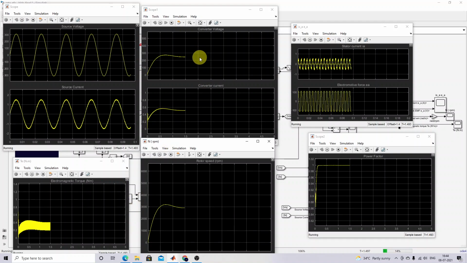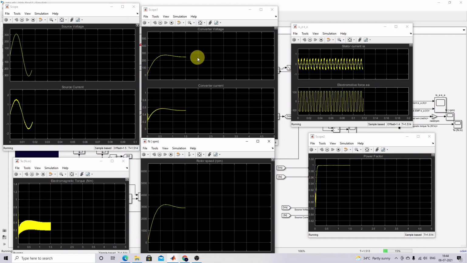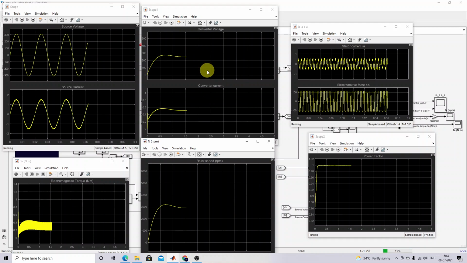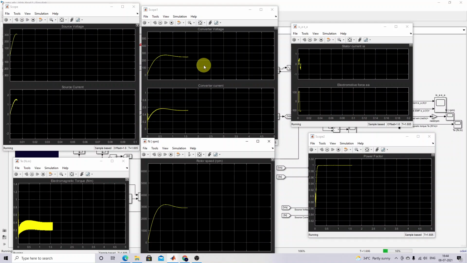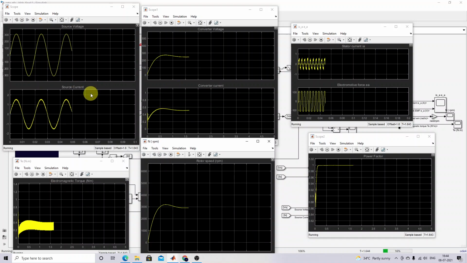After 2 seconds, the reference voltage is going to be changed from 250 to 150 volt, right? We can check the variation of the converter voltage, and also the source current nature.